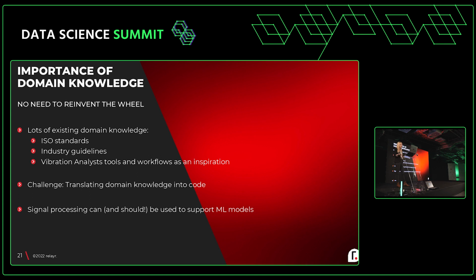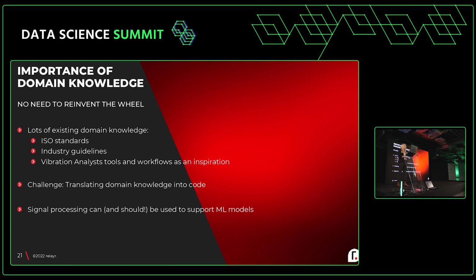Okay, another problem that I mentioned is domain knowledge. There's no need to reinvent the wheel. As a data scientist, you will want to do this a lot, but there's a lot of existing knowledge. There are industry standards, some thresholds, for example, for when the machine is supposed to be breaking.